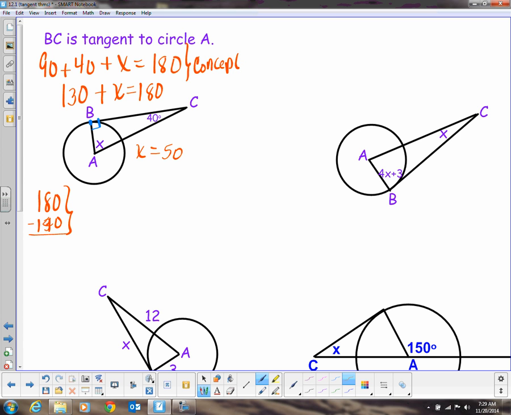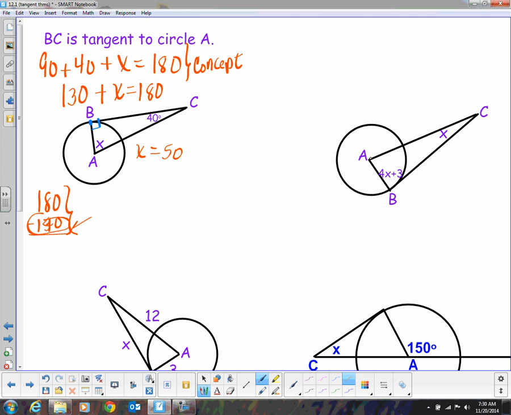Yes, this shows me concept more, especially if you mess something up. So here I can give you the lion's share of the credit and take off a point for a simple addition mistake. You with me? Whereas if you don't choose to do that, I'm not going to be able to give you as much partial credit because I don't know where that 140 came from. Just food for thought.